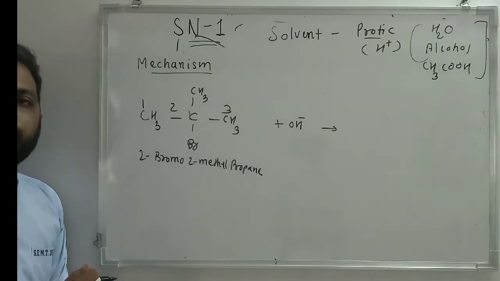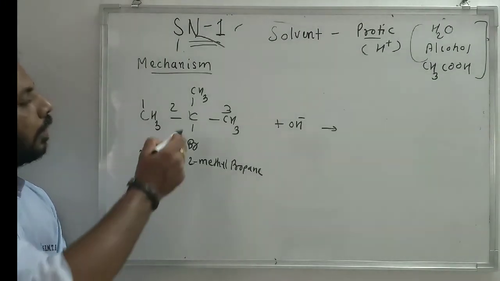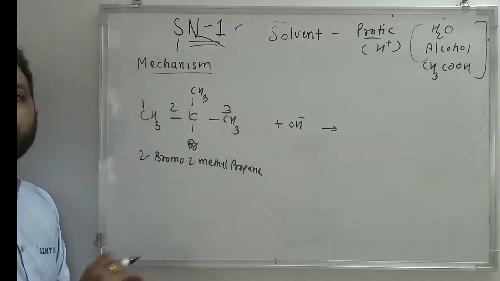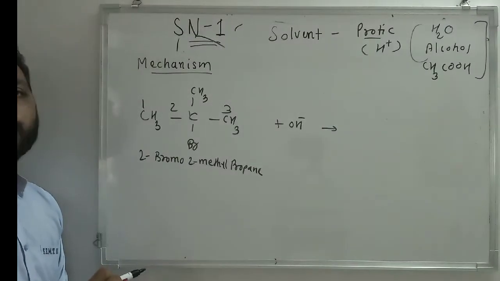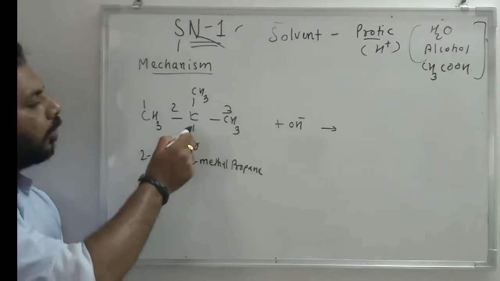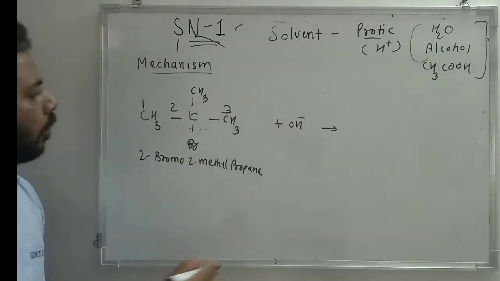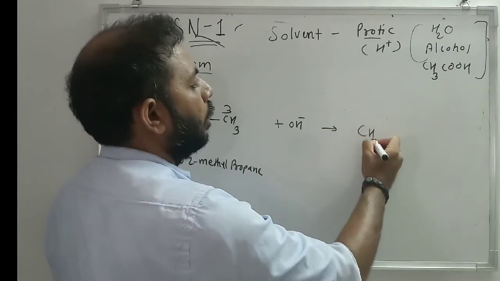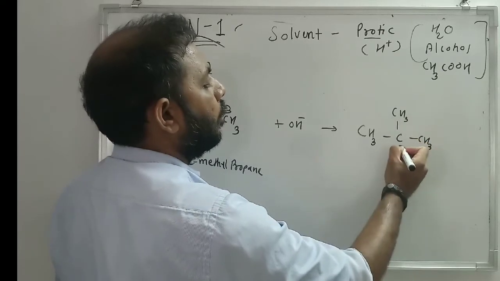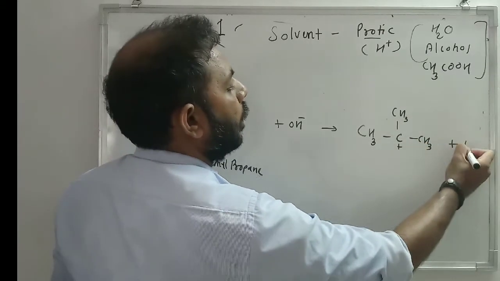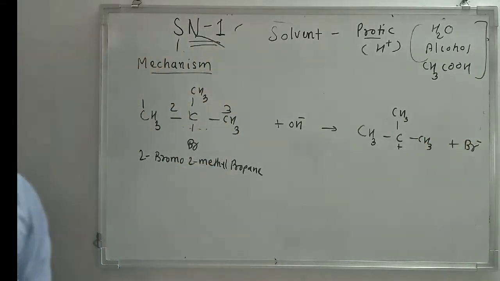In first step, the bond between carbon and halogen becomes weak in presence of protic solvent. In presence of protic solvent, this bond becomes weak. So first of all, we'll get tertiary carbocation. Here, tertiary carbocation is formed.